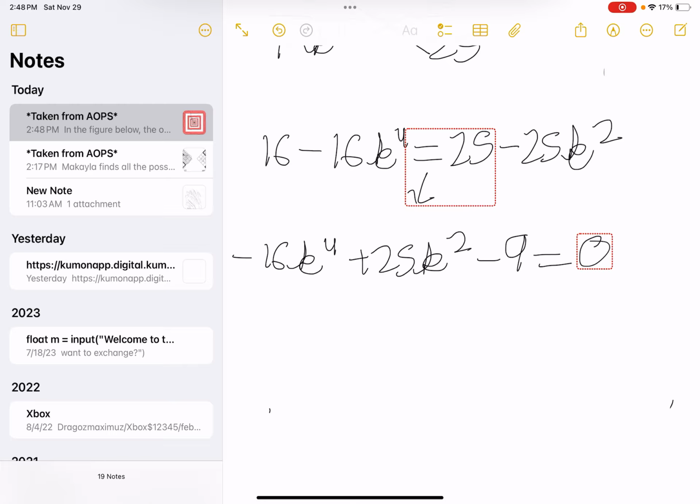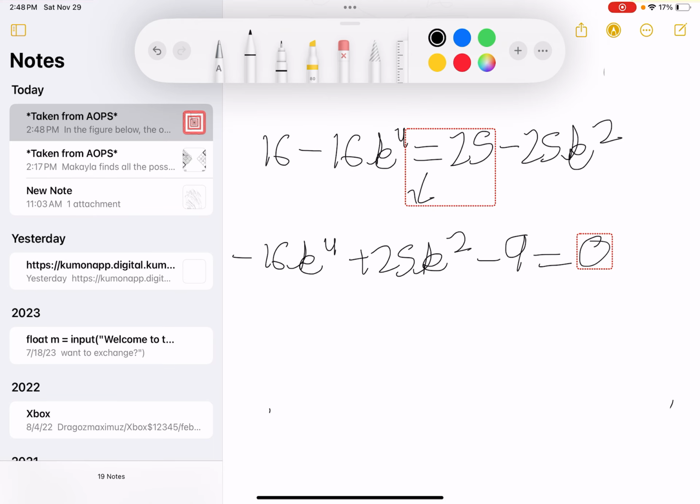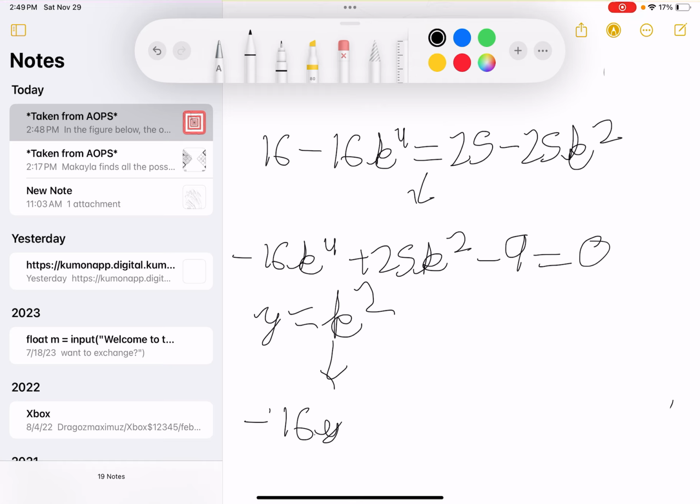Well, here comes the part of logical thinking, where you need to realize that you can make the substitution of y is equal to k squared, or whatever other variable is equal to k squared, so that it turns this quartic into a very simple quadratic: 16y squared plus 25y minus 9 is equal to 0. So now you have this.